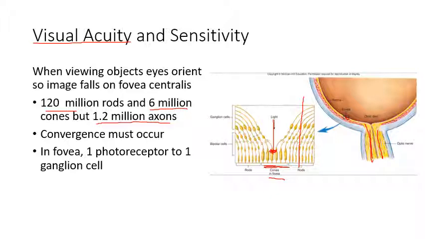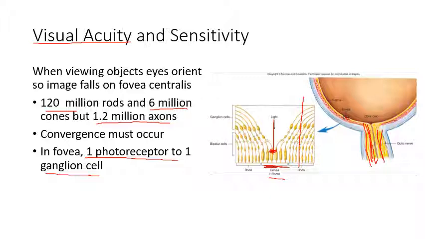That means there are multiple photoreceptors ultimately converging onto one neuron that's going to send the information back to the brain, right? And what we see in the fovea is one photoreceptor to one ganglion cell. So we don't have convergence onto the ganglion cells. One photoreceptor is going to send one axon to the brain in the cones of the fovea.